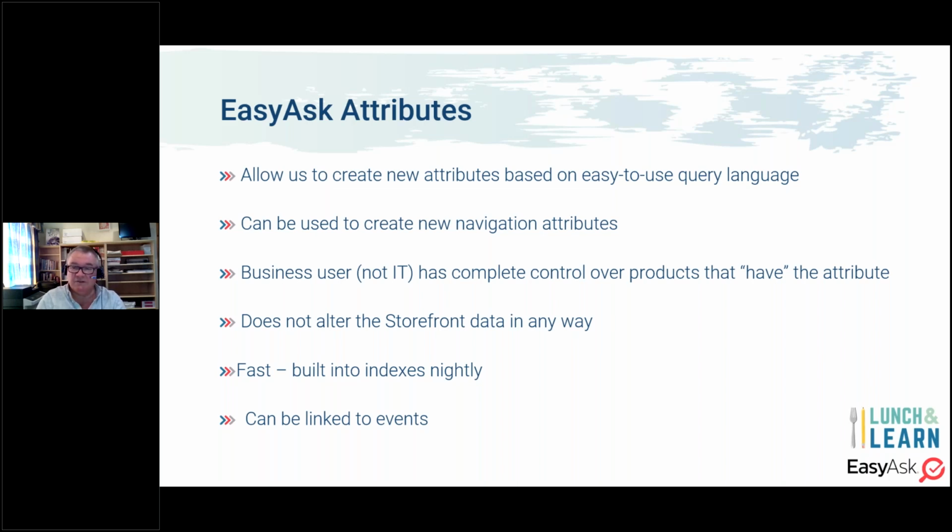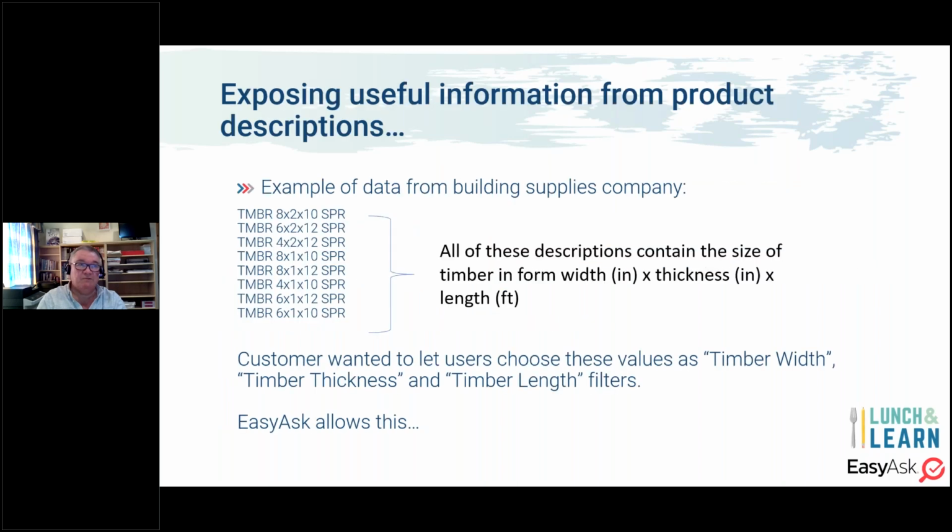Now, in terms of exposing useful information, I've got an example that I actually came across with a customer recently. And this was a building supplies company, and because of the limit of the length of their descriptions, they had a lot of abbreviations, one of which was the size of timber.